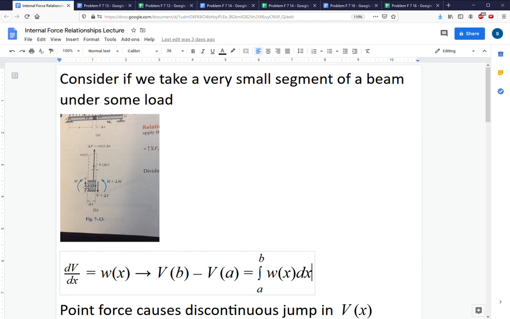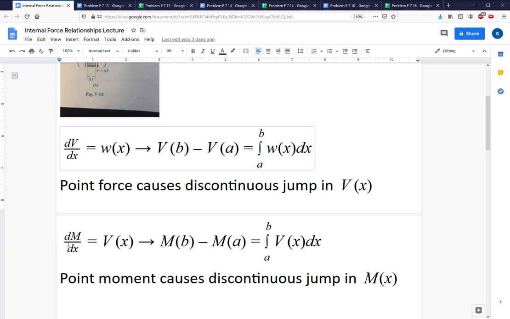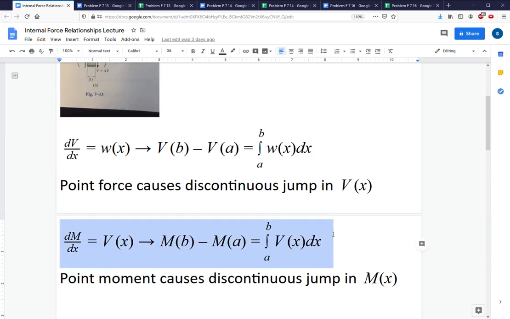However, the shear also causes a couple, because if there is no applied force, these two shears are equal in magnitude, opposite in direction, so they create a couple. The moment of a couple is the force times the distance. The force is equal to the shear at position x, and the distance is this delta x. So again, we have an integral function. Basically, moment is the integral of shear.